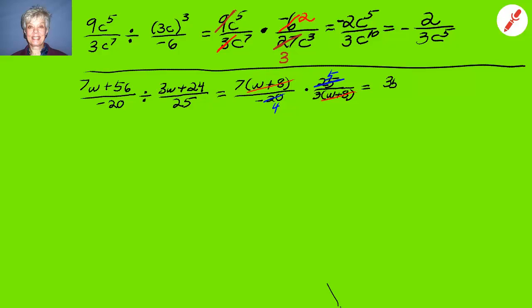So we're going to be left with 7 times 5 on top, which is 35, and -4 times 3, which is -12 on the bottom. So our answer, pull the negative sign out front, is going to be -35 over 12.